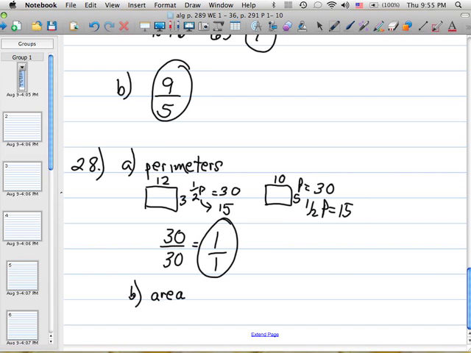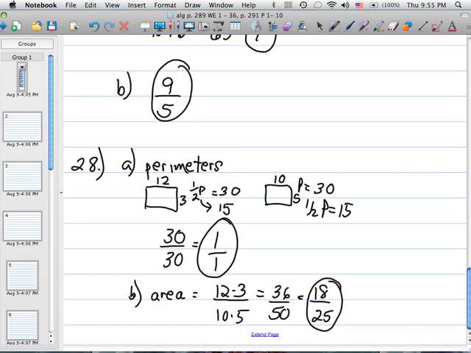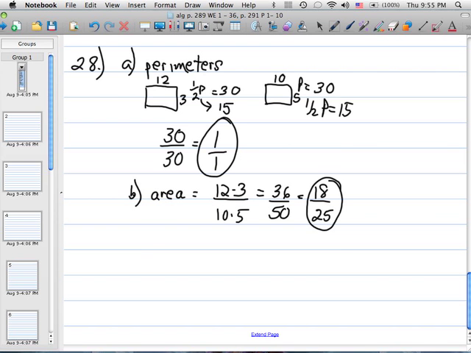So the area of the first one is 12 times 3, and the area of the second one is 10 times 5. So that would be 36 to 50. Divide both of these by 2. We get 18 to 25, and that's in lowest terms. So our ratio of the areas would be 18 to 25.